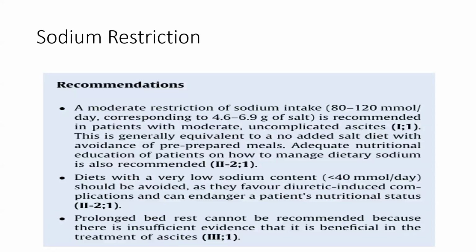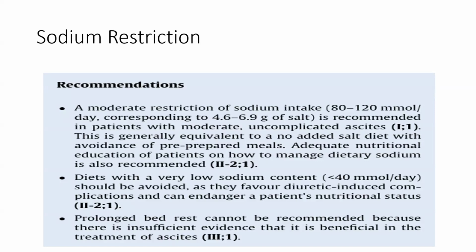A moderate restriction of sodium intake is recommended in patients with moderate and uncomplicated ascites. That means they should take sodium equal to 4.6 to 6.9 grams of salt. This is generally equivalent to a no added salt diet with avoidance of prepared meals.